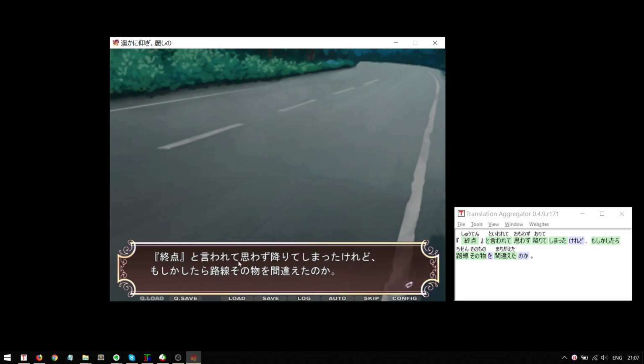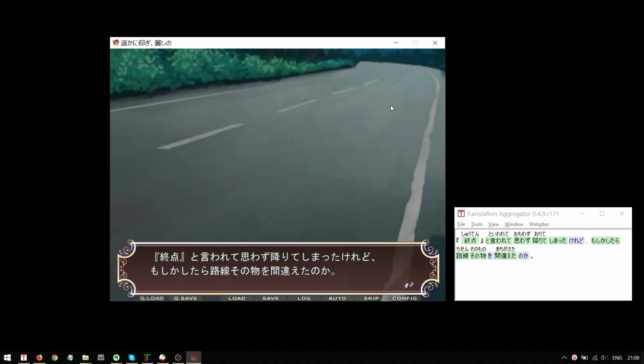もしかしたら is kind of like possibly, like I might have. So I was told this and I got off, but maybe it might have been something else. And this something else, rosen, means a route, a bus or train route.